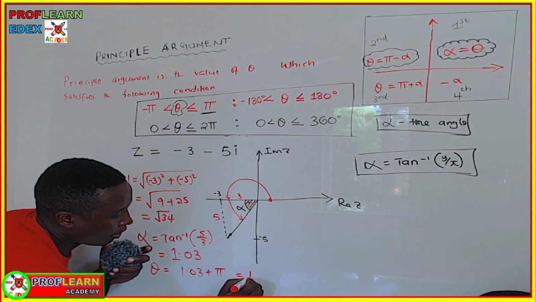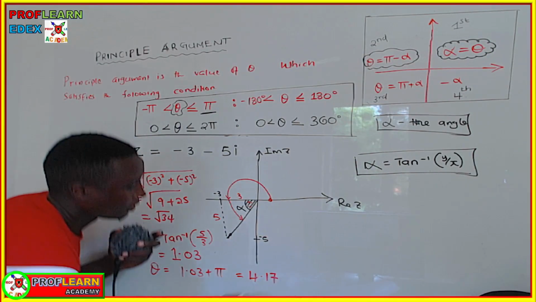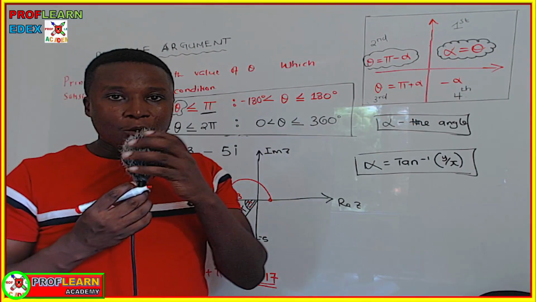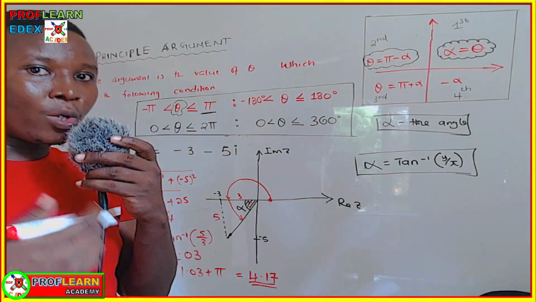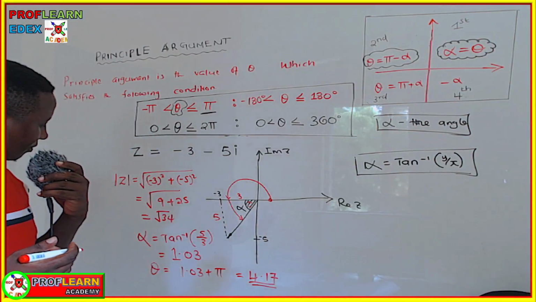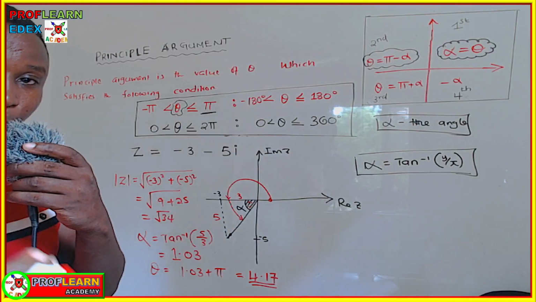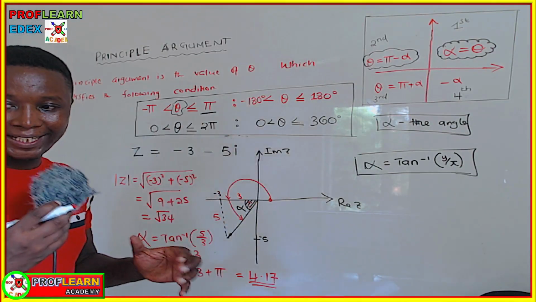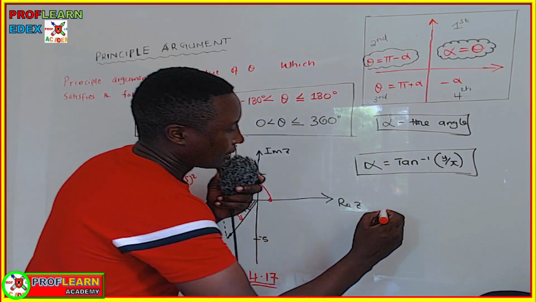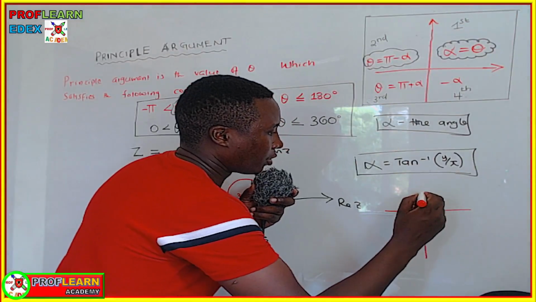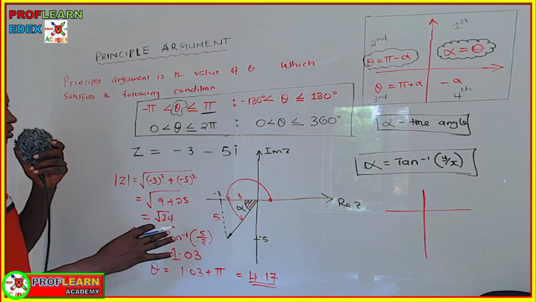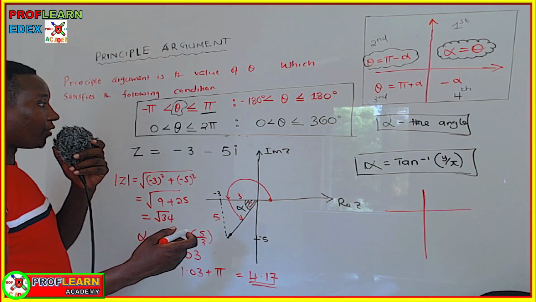So basically, that's what you do when you are finding the principal argument of complex numbers. Something else I need to mention here: all these angles that we were working out were actually positive angles.